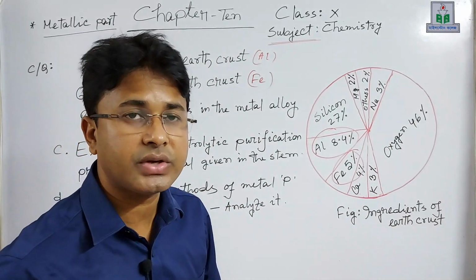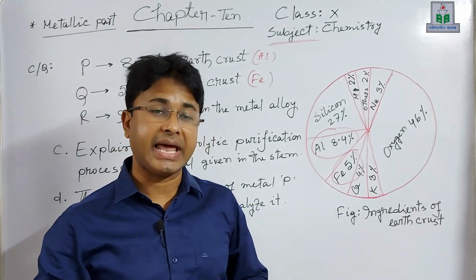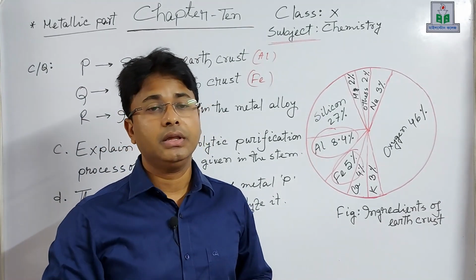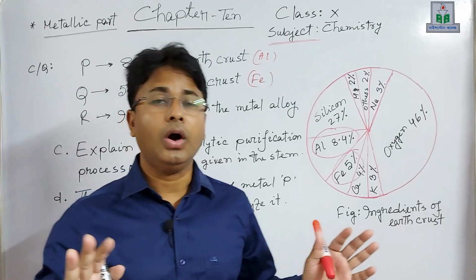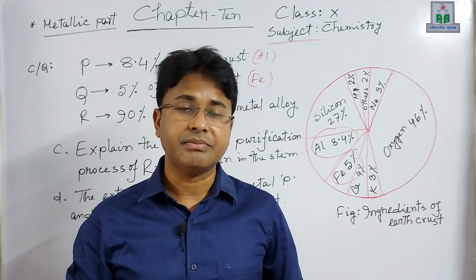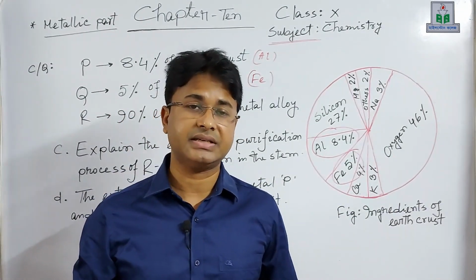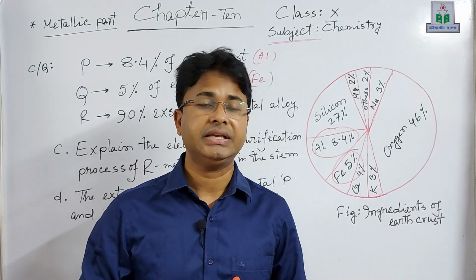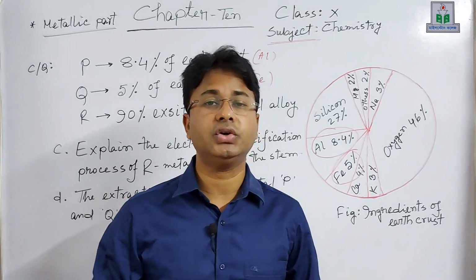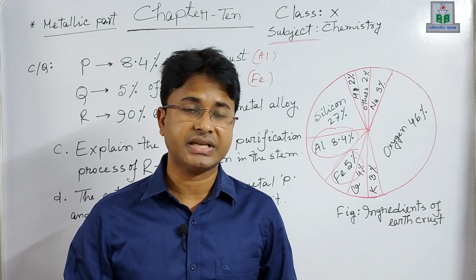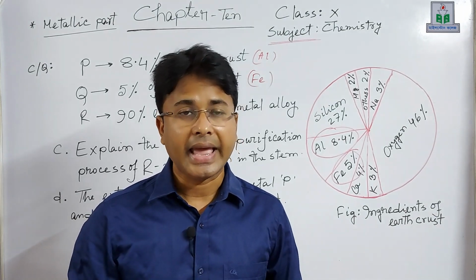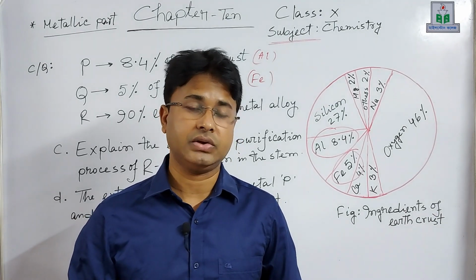Dear students, first you have to know what an alloy or metal alloy is. If two or more different molten metals are mixed together in different ratios, then the obtained mixture is known as an alloy or metal alloy.